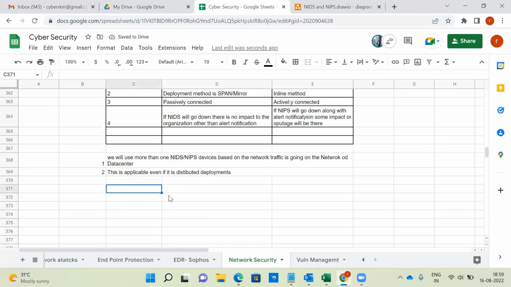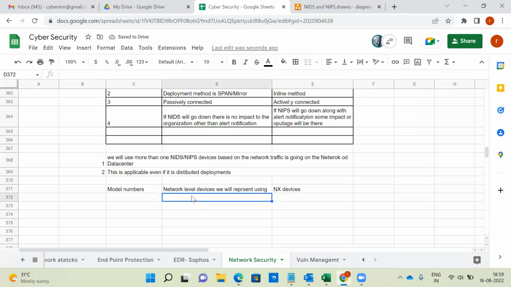So, coming to model numbers. Network level devices we will represent using which one? NX devices. NX here means network level devices.